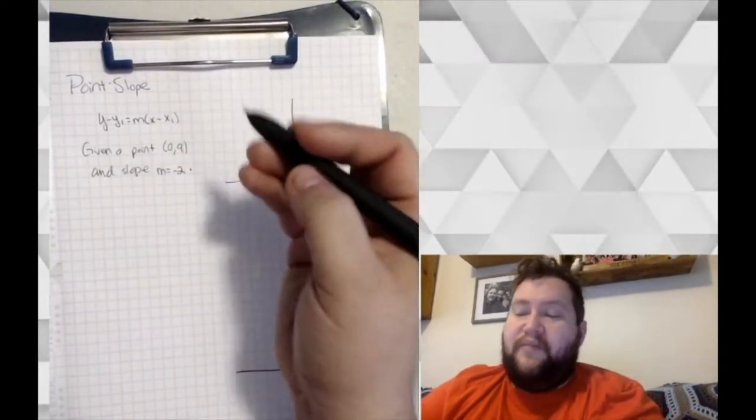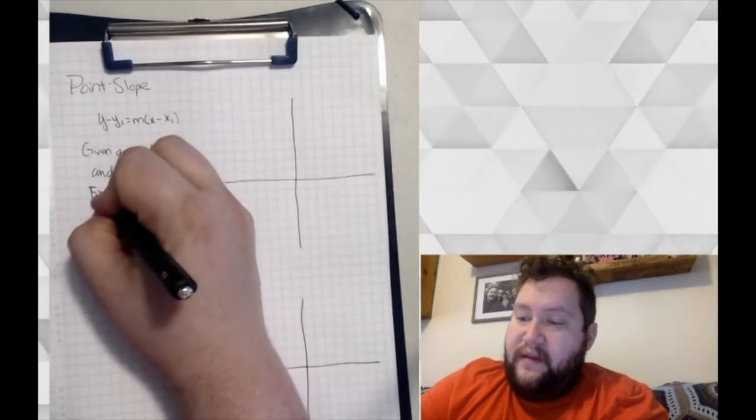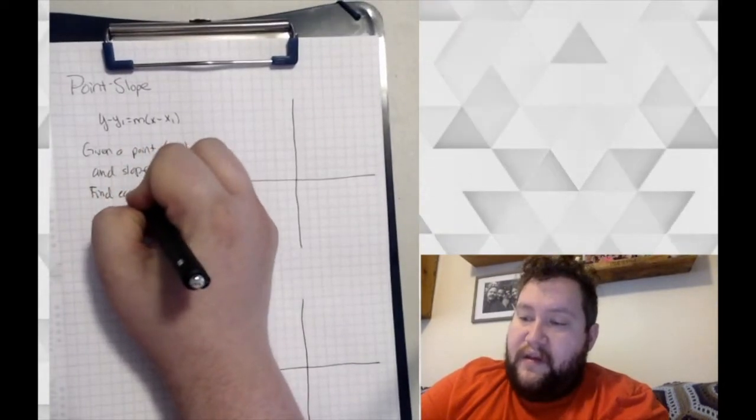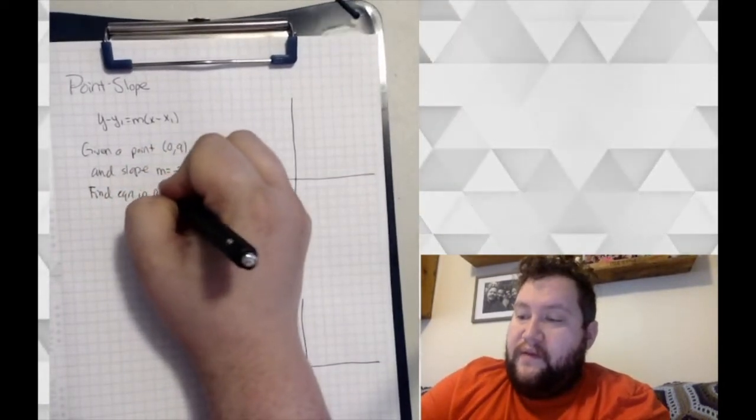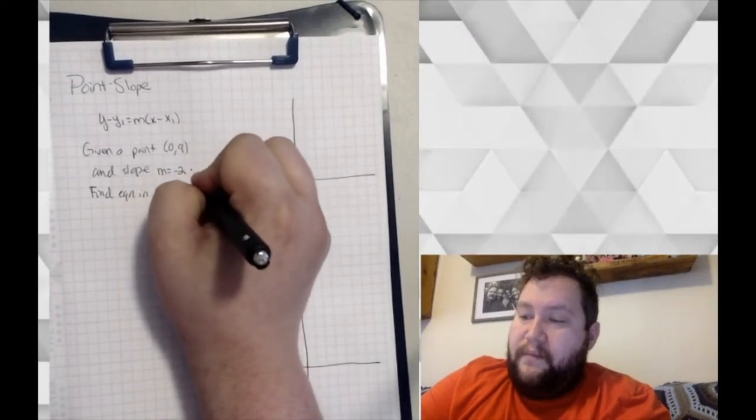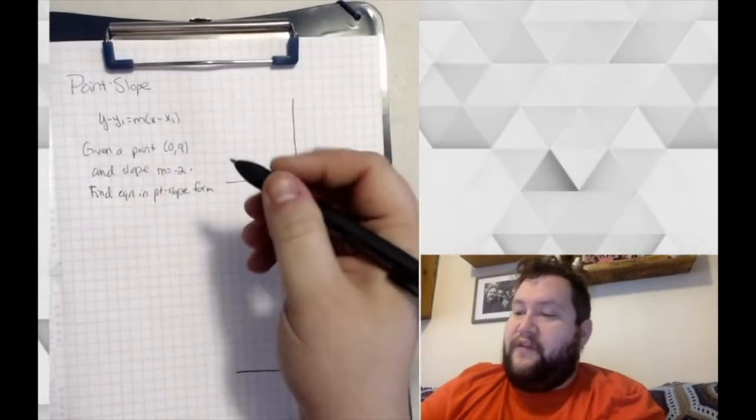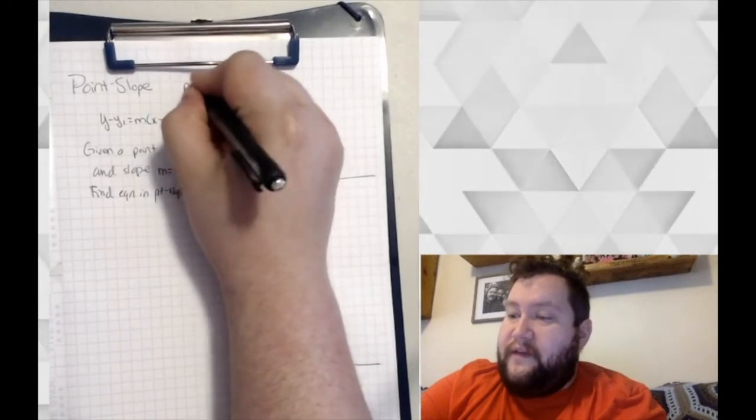Find the equation in point slope form. Actually, if you want, we can go ahead and start abbreviating this as point slope form.